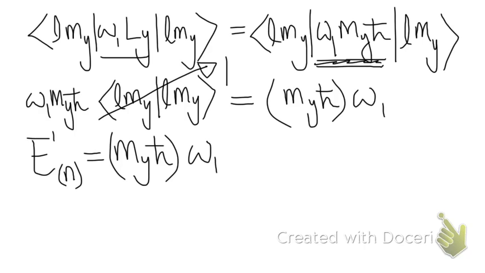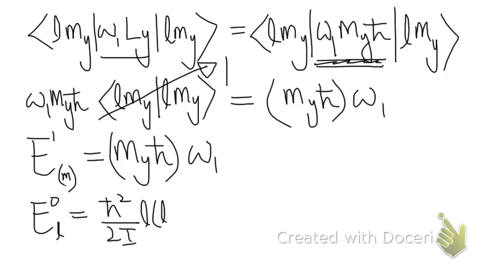Actually, instead of calling this En, I should call it Em, because it depends on the magnetic quantum number, not the principal quantum number. And let's see that my E0, the zeroth order energy, that was El, is equal to h cut square over 2I times L into L plus 1.